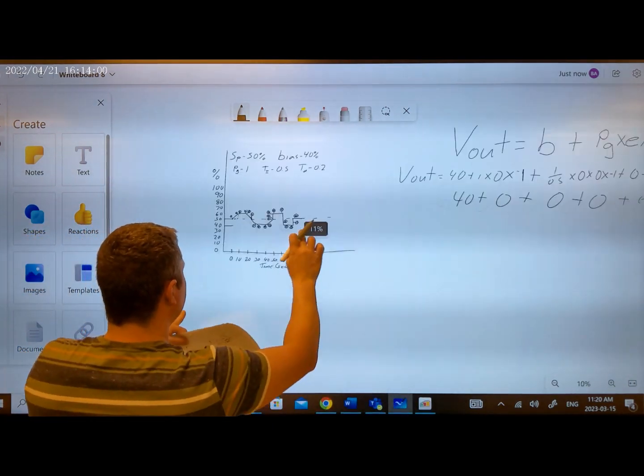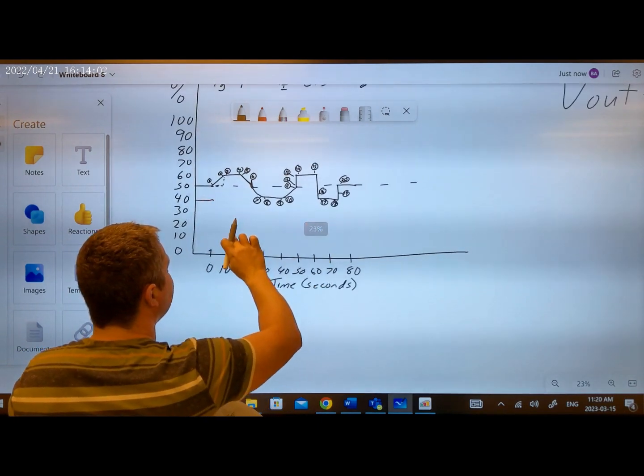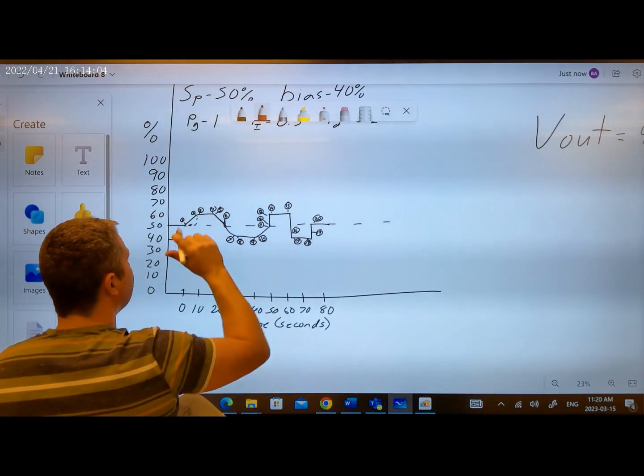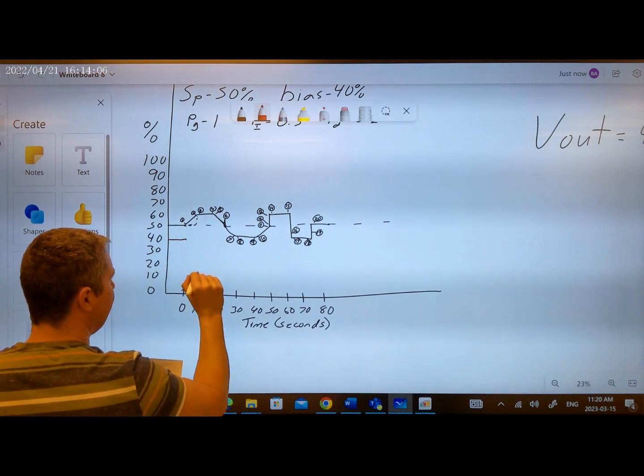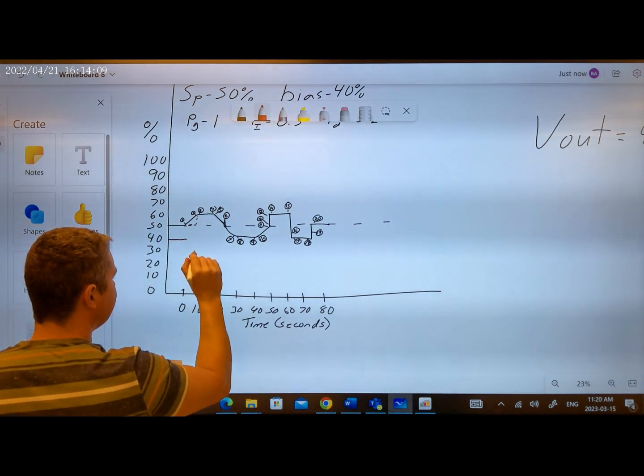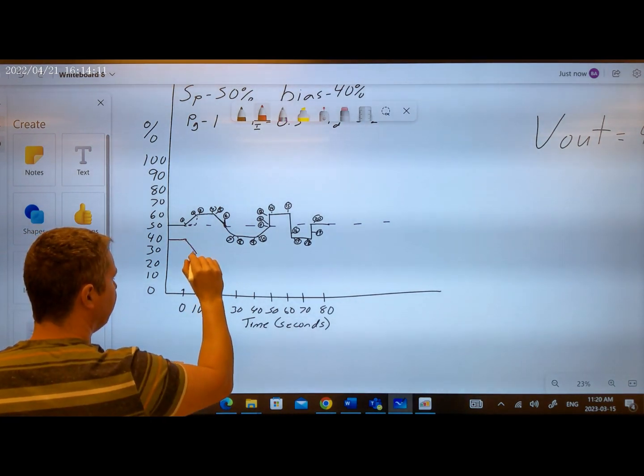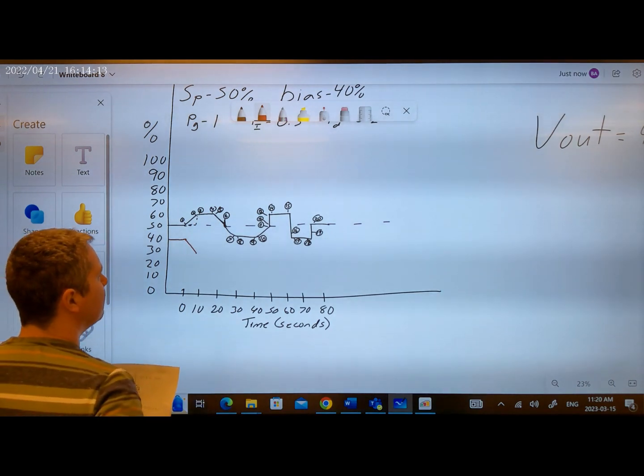So now we look at our graph here, and we're going to go to 10, 27, and we're going to come down to here. Okay.